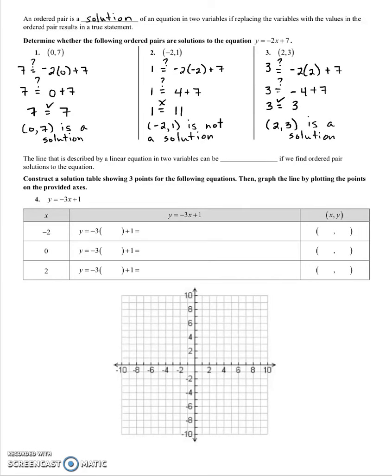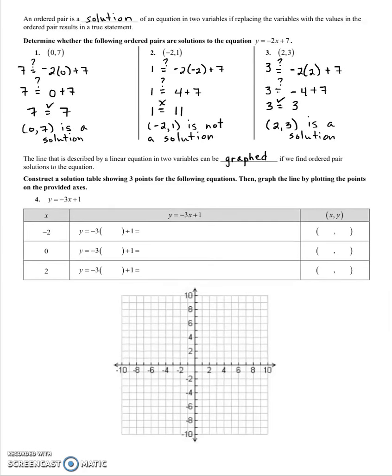So a line that is described by a linear equation in two variables can be graphed if we find ordered pairs that are solutions to the equation. So, for example, we have y equals negative 3x plus 1, and we can pick any values that we want for x.